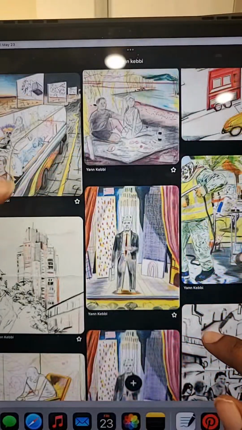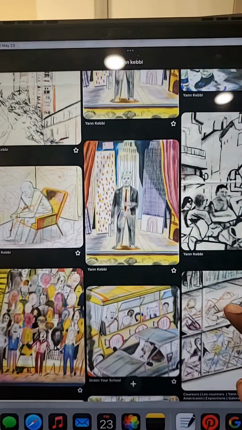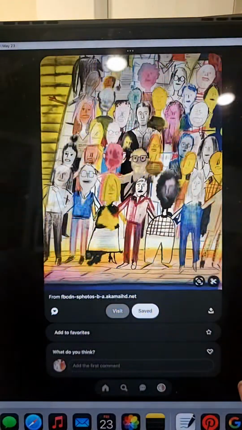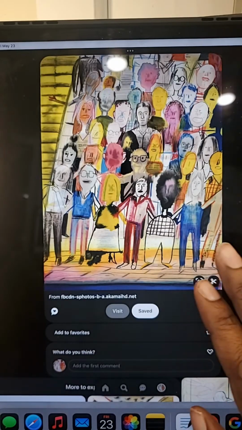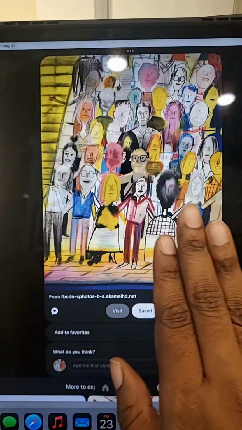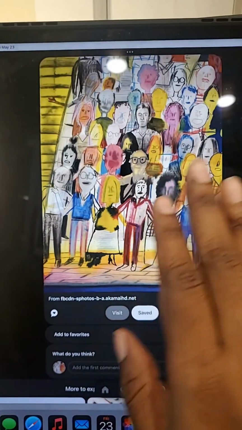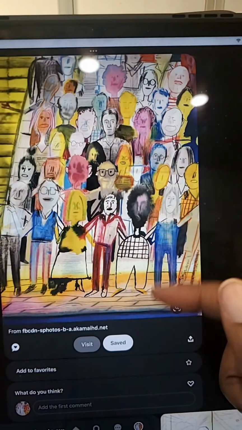The other thing that makes his images very visually interesting is scale. He has a varied landscape that has different sizes of people, places, and things in the image itself.